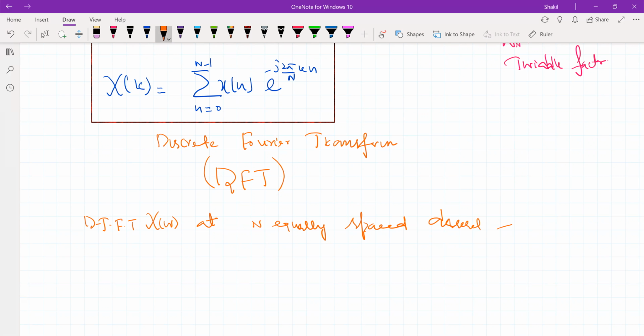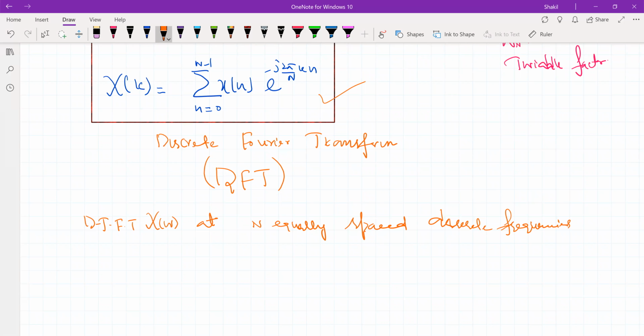That's why this relationship is termed the discrete Fourier transform of x of n.